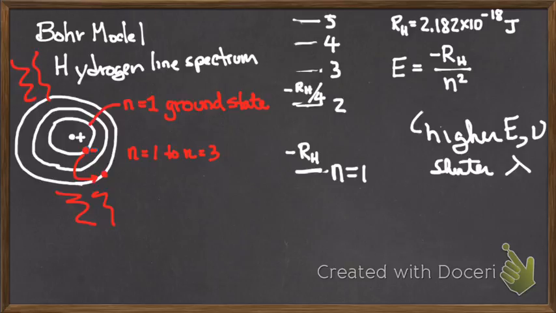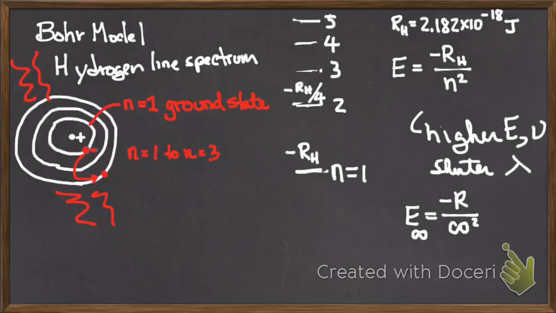What if you went to the infinitieth level? I don't know if you can do that, but let's say you went to the infinitieth level. What's E equal to? Well, it's minus RH over, and I used to love this when I was a kid, infinity squared. What is that? It's like a number that's really small divided by a number that's really big, squared.